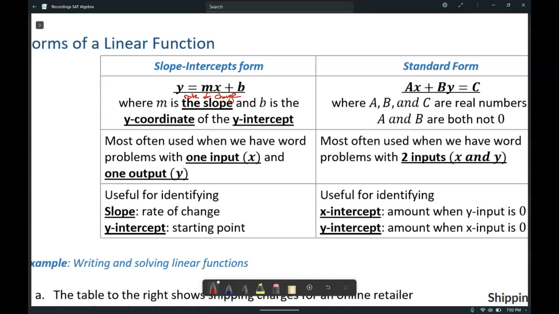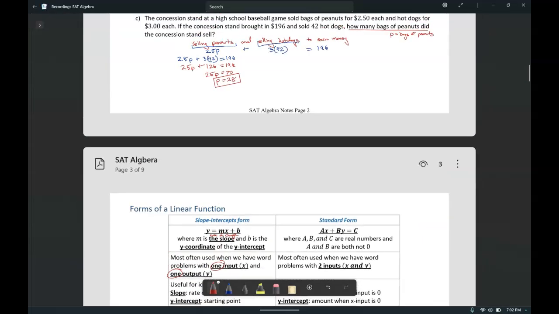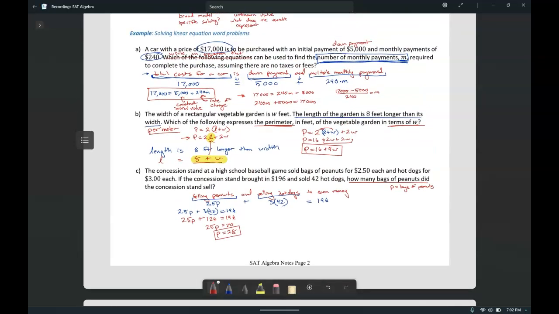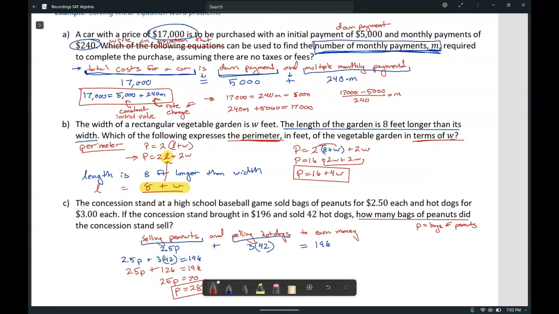Most often we use this when we have word problems that have a singular input and a singular output. So when we looked at the previous example of buying a car, or the rectangular garden, when I input a specific width, that is going to determine the perimeter, which is my output.